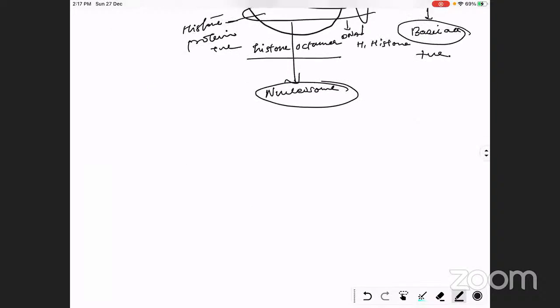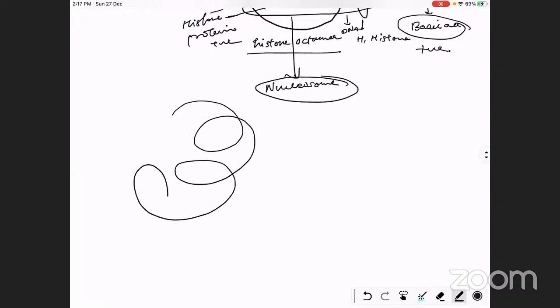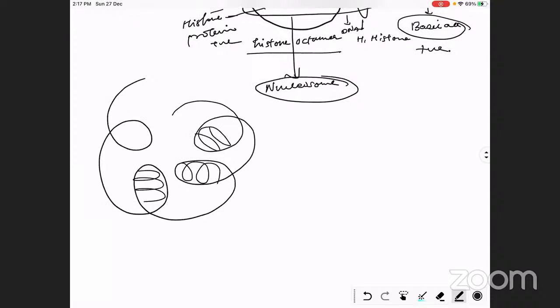And again folding will be there like this. Again folding will be like this, and this will be the chromatin material, and at the end we will get the chromosome like this.